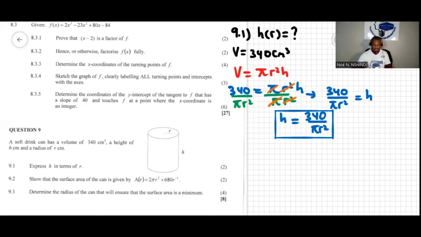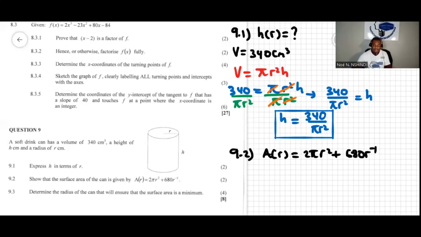Now question 9.2 says show that the surface area of the can is given by A of r equal to 2 pi r squared plus 680 r to the negative 1.